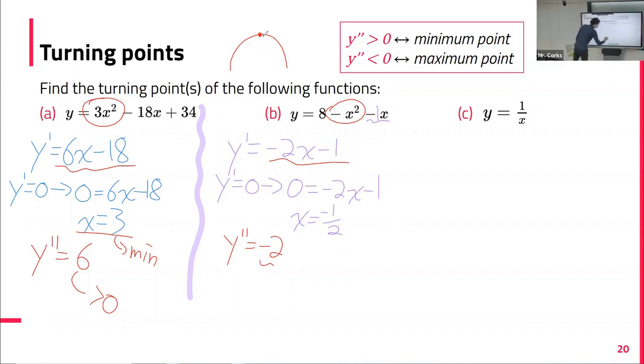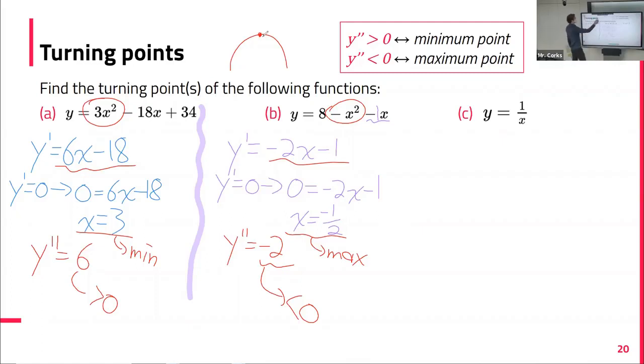And this is less than 0. So based on our little chart up here at the top, we are dealing with a maximum point. So again, exactly what we were expecting from our visual understanding of these functions.